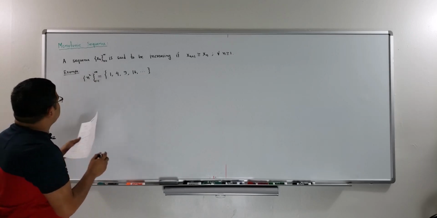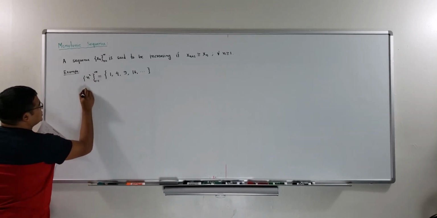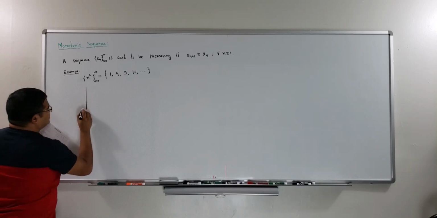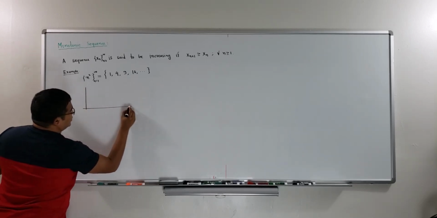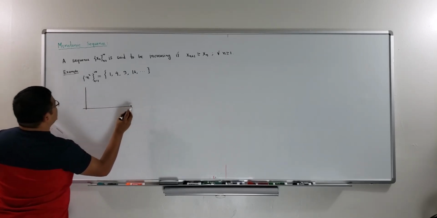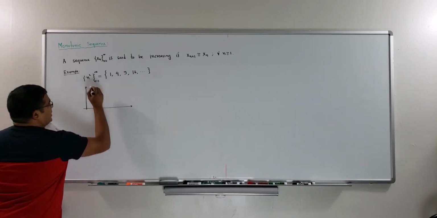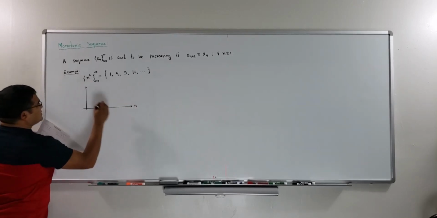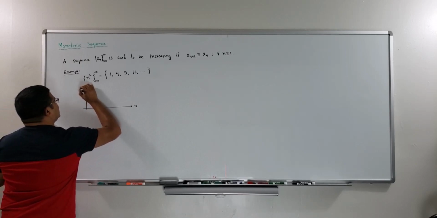Now if you look at this graphically, this is the n axis, and here is n square.